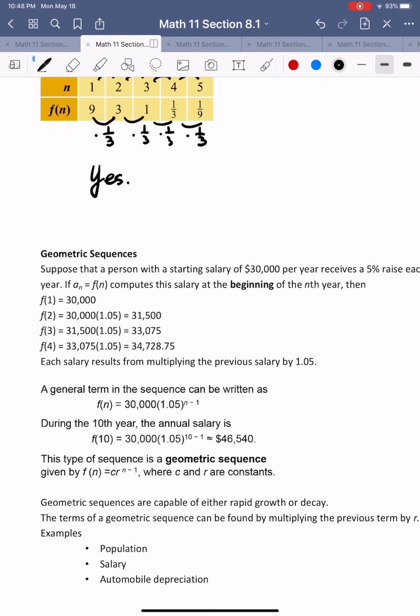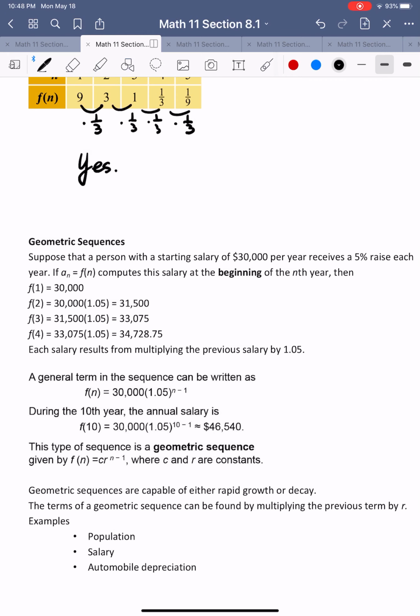Okay, so a geometric sequence means, suppose a person with a starting salary of 30,000 per year received a 5% raise instead of a 1,000 raise each year. If a sub n is f of n, computing the salary at the beginning of the nth year, then f of 1 equals 30,000. In the second year, you increase 30,000 by 5%, so you use 1.05, and in the third year you multiply by 1.05 again.